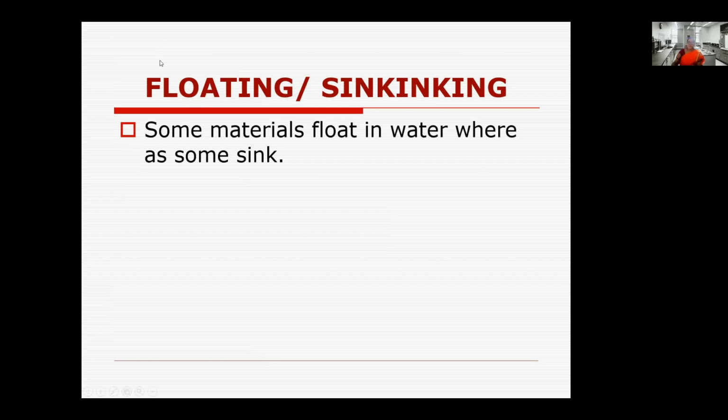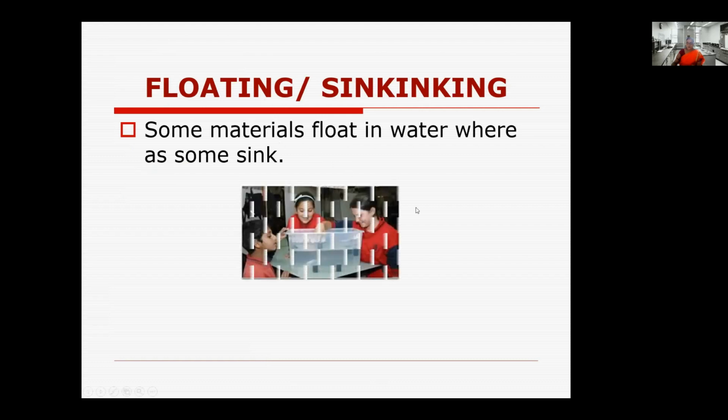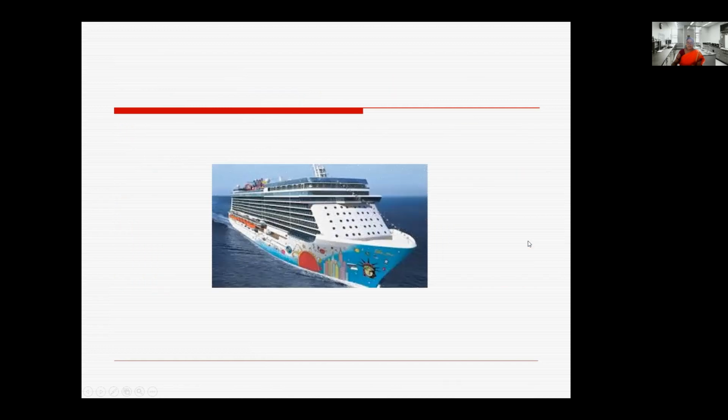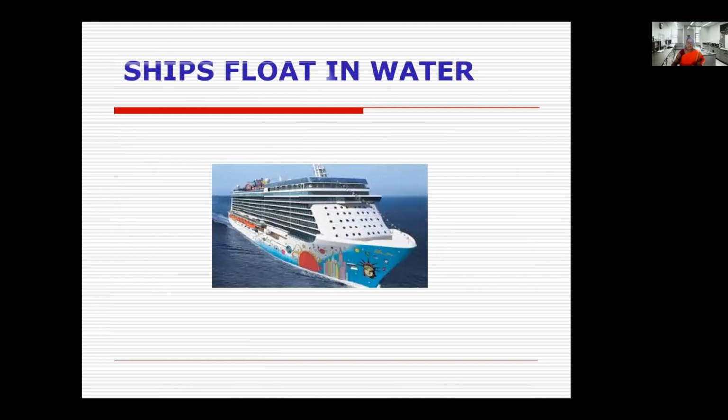Okay. Floating or sinking. This we have already seen in many examples, and we have done an activity in the classroom. You have done it at home. Some materials float in water, whereas some sink. Yes or no? You have identified like this, no? Then ships float in water because of the weight.